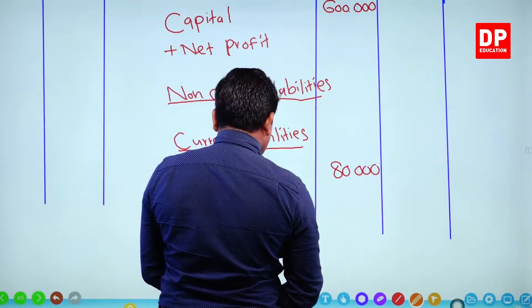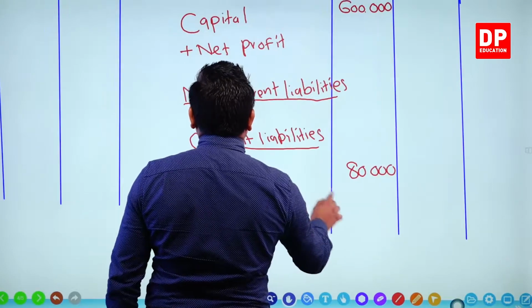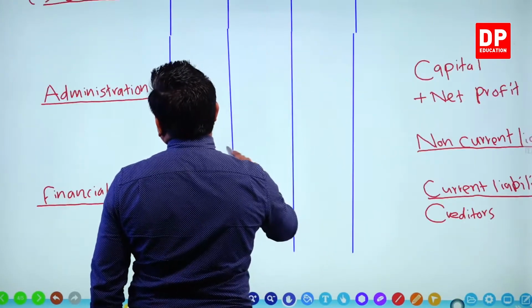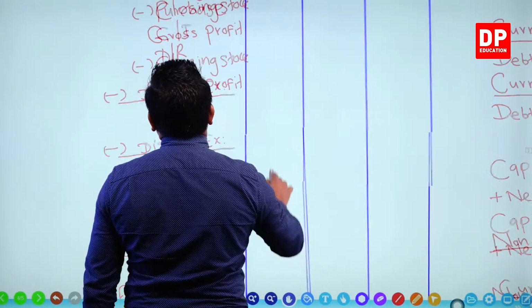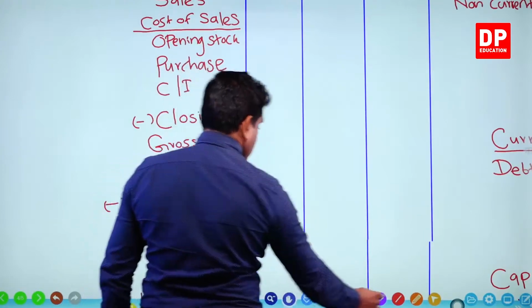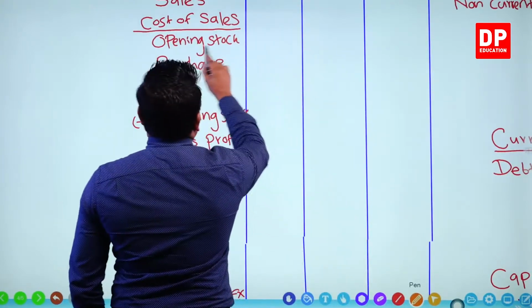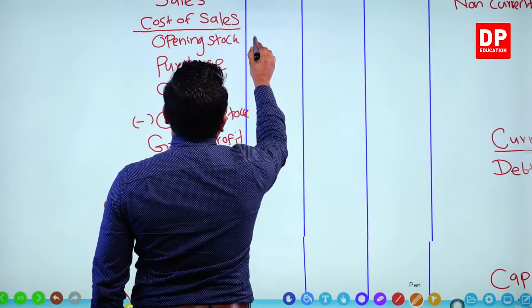Opening stock 16,000 goes under the cost of sales.